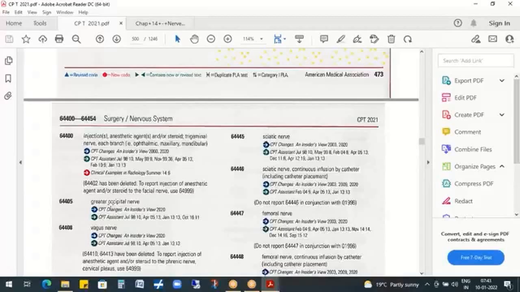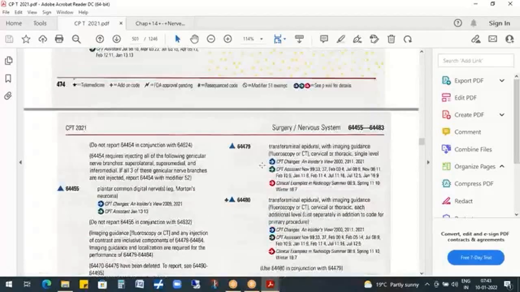Injections, anesthetic agents, and/or steroid, greater occipital nerve. Location of nerve is occipital. What are they doing? They are introducing anesthetic agent. We just need to identify the nerve name. That's it. You will get the answer.